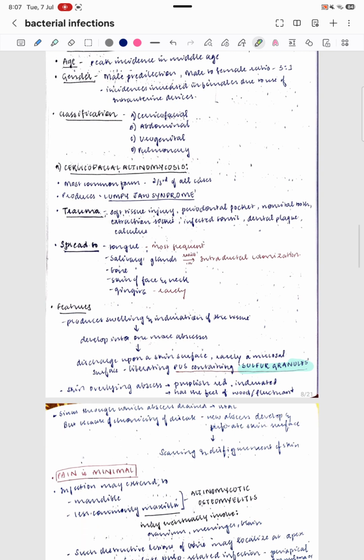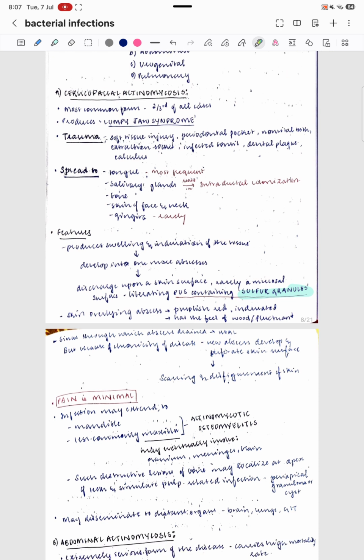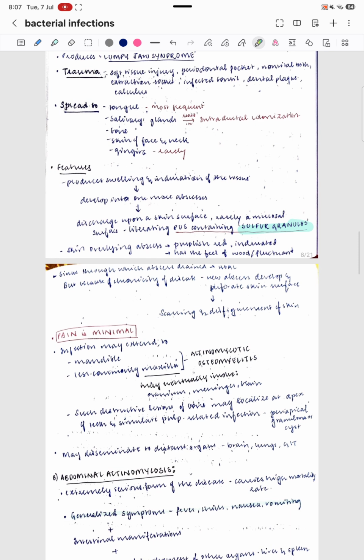Right, now moving forward with your features, it produces swelling, development into one or more abscesses, and this pus contains sulfur granules. The overlying skin can have a wood-like appearance, or it can turn purplish red. Since there is a sinus through which the abscess is draining, if that abscess is healing, there is formation of a new abscess.